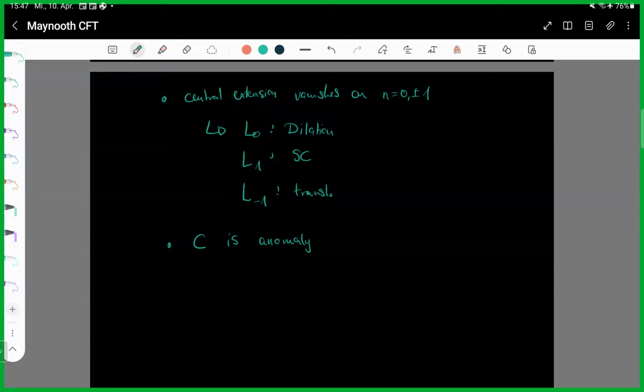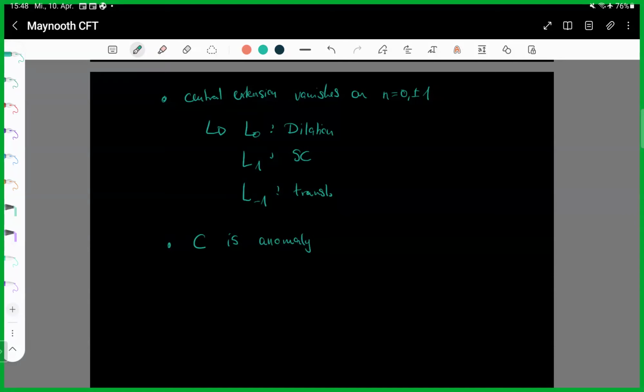Maybe you've heard the term that anomalies are, you take a system which has a symmetry, which is classical, and then you quantize that system, and the symmetry is broken, and then we speak of an anomaly. So the process of quantization messes with the classical symmetry. And here it's similar, and the central charge essentially, when, for instance, CFT is scale invariant.